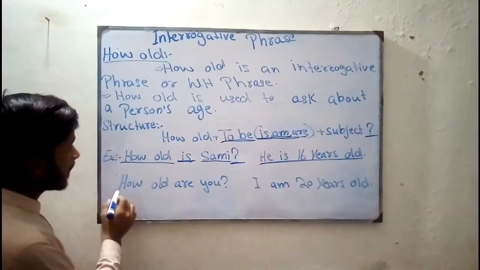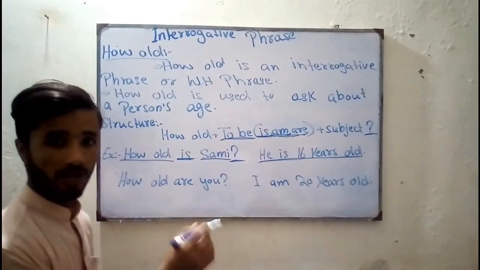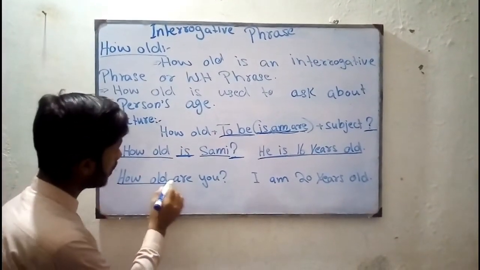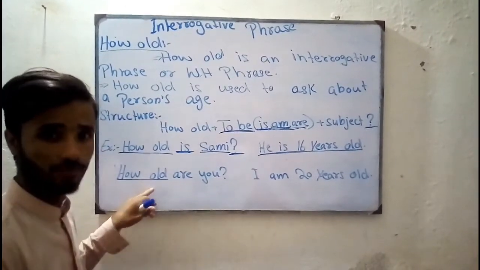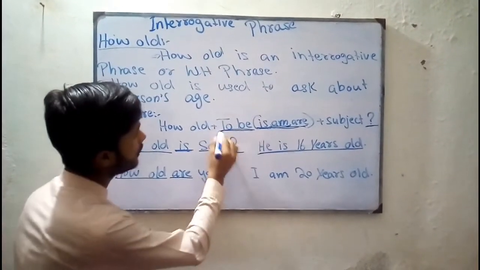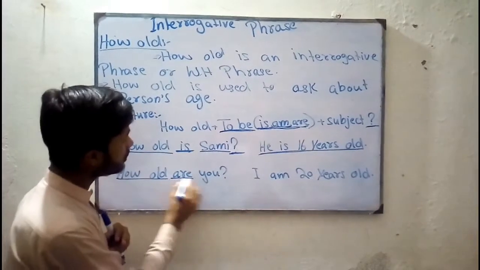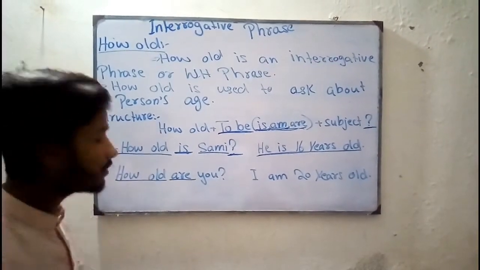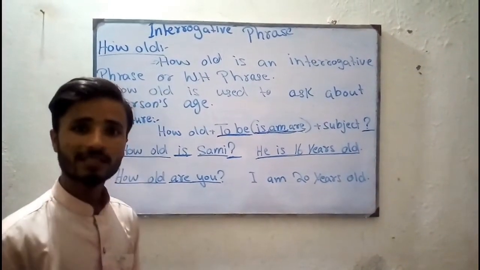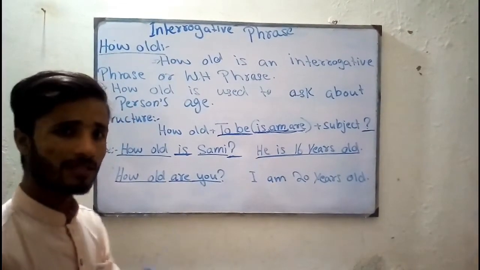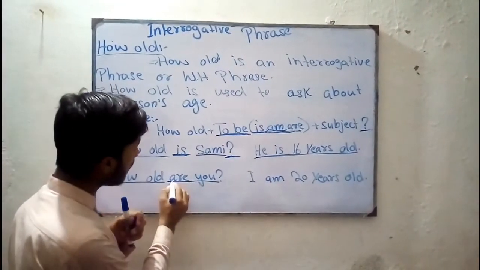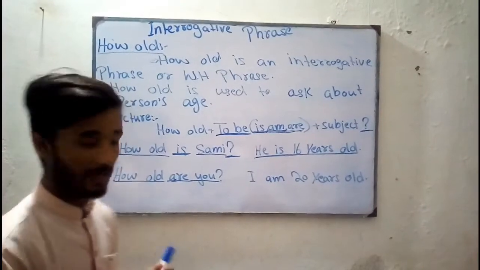See the second example. How old are you? I told you that "how old" is an interrogative phrase. After this we use to be. To be is SMR, right? Here I use R. Why did I use R? Because here I have "you". It is a plural subject, so I have to go for R, not S or M. Is this clear?